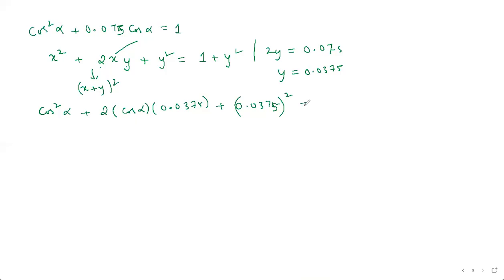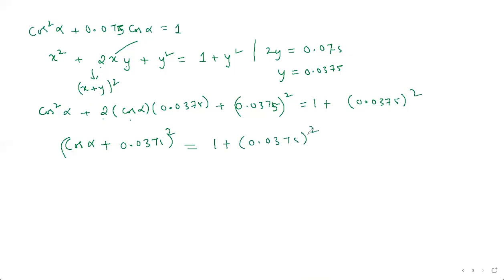So this whole square is equal to 1 plus 0.0375 whole square. So A plus B whole square is equal to 1 plus, to make it balanced, we are going to do this.